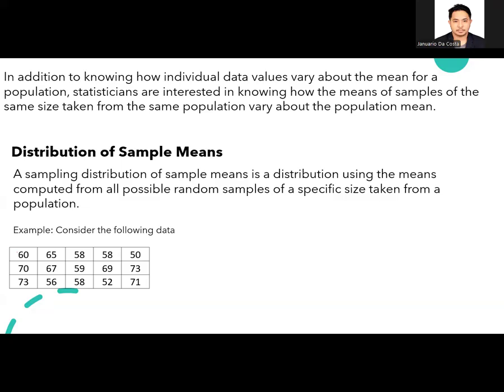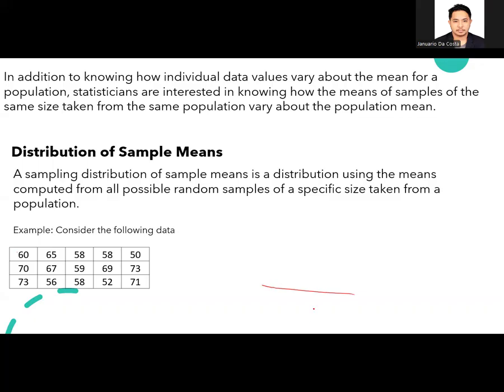So far you have learned about how individual data vary about the mean. For example, when you talk about standard deviation, remind me again, what is standard deviation?